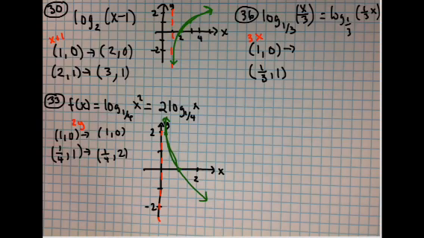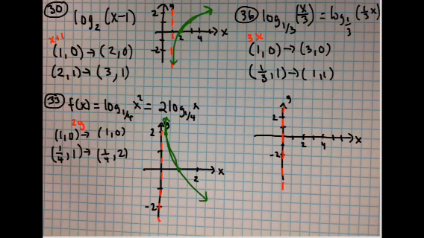So the (1, 0) becomes (3, 0), and the (3, 1) becomes (9, 1). Horizontal stretch by a factor of 3. So you have (3, 0) and (9, 1). And it goes something like this. Something like that. So there's a horizontal stretch by a factor of 3.